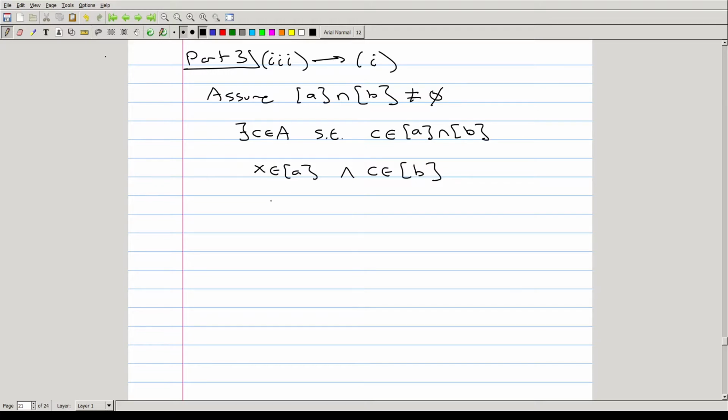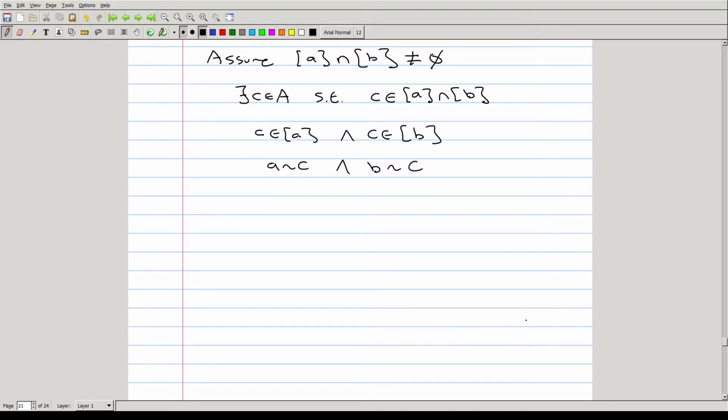So A is equivalent to C, and B is equivalent to C, which is the same thing as A is equivalent to C and C is equivalent to B by symmetry.